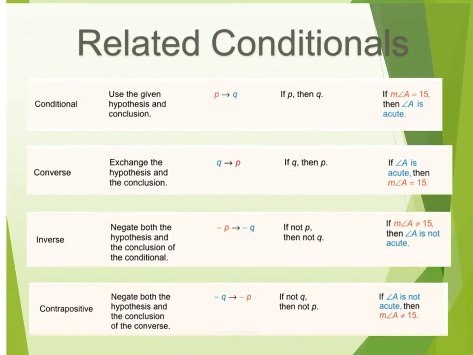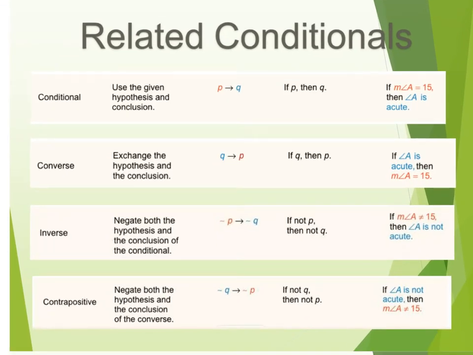All right. Now, we're going to take a pause on that one and move to other conditional statements. There are actually 4 kinds of conditional statements. You have the original one, the conditional. This is the one we normally do, the one we've been talking about, P then Q. But then you have these other ones: converse, inverse, and contrapositive.